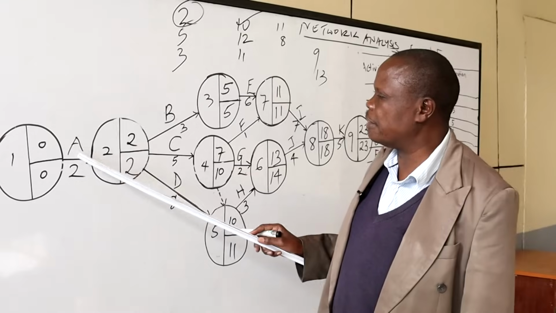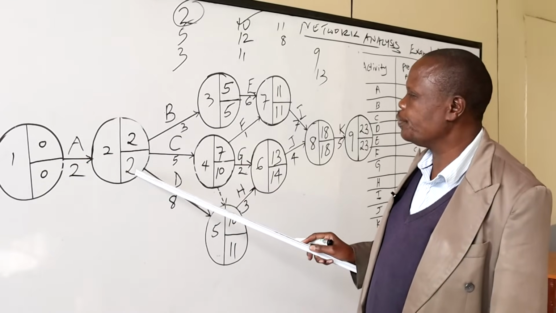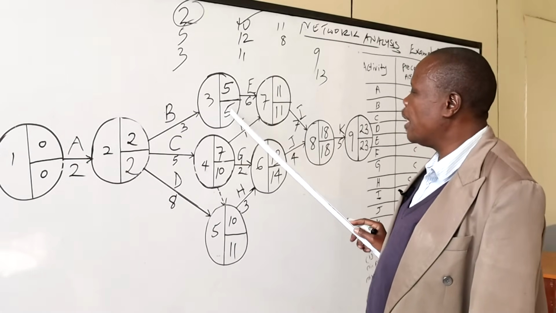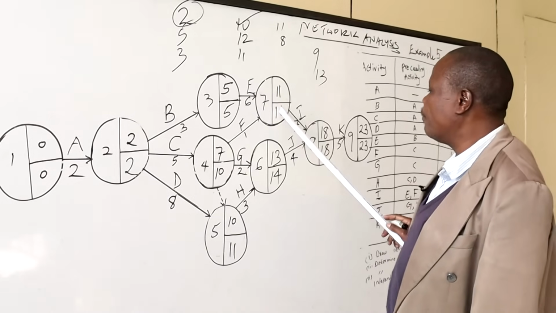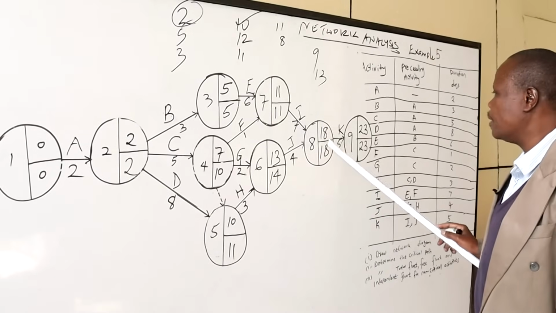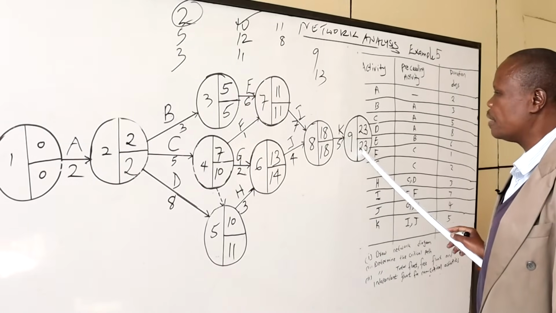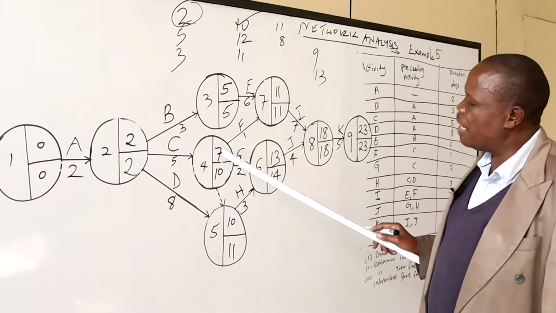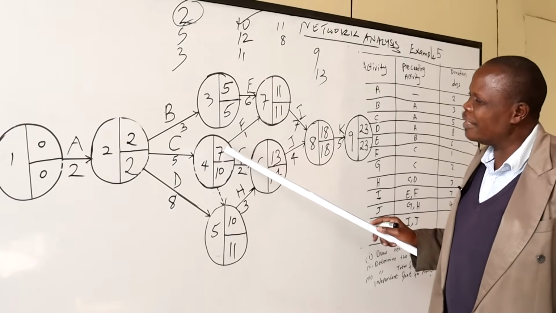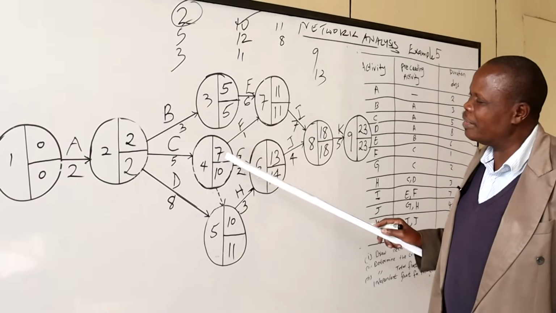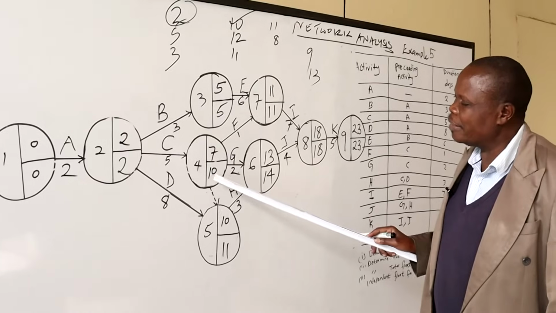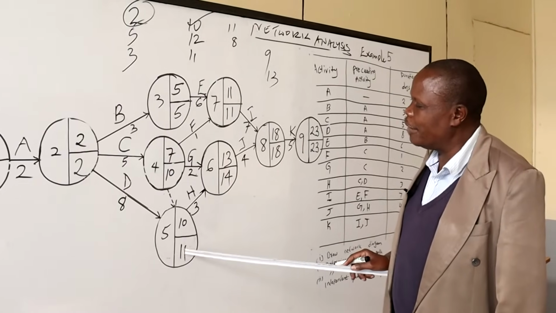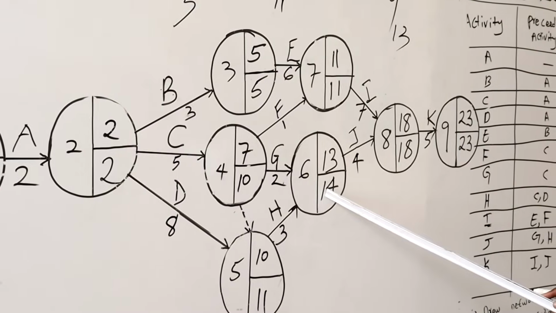So this one is 2, 2, 5, 5, 11, 11. 11 is equal to 11, 18 is equal to 18, 23 is equal to 23. So we cannot take this path because its earliest time, 7, is not equal to 10. Then 10 is not equal to 11, 13 is not equal to 14.